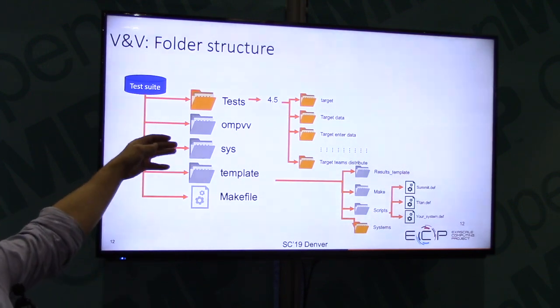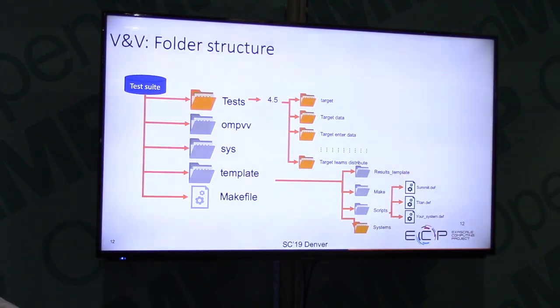So in the system file, you will be able to extend all of those simple cases. For example, for the module files, we are not going to be able to know the actual names of the modules for each of the compilers. So there is an option where you can specify the name of the module, and every time it runs a test, it will load the module to make sure that that is the particular context that you want to be building and working on.